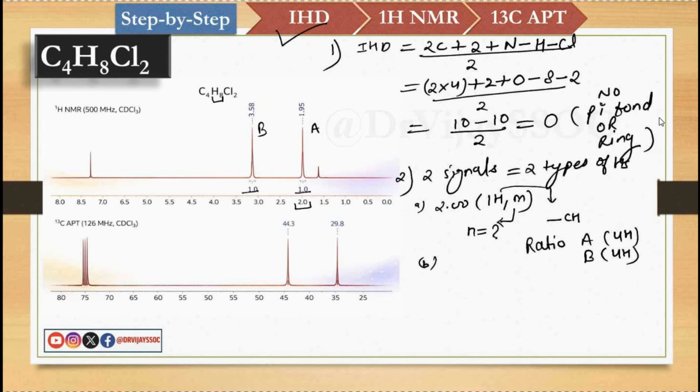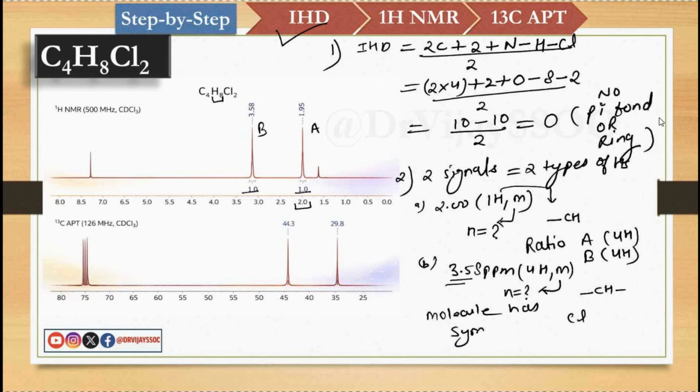The signal B, which is around 3.58 ppm corresponding to 4 hydrogens, is also a multiplet. Therefore we can't determine the neighbors in this case, and this value indicates that this might be attached to a chloro group. The integration value also indicates that the molecule has symmetry. That's why 8 hydrogens are divided into 4 hydrogens and 4 hydrogens.